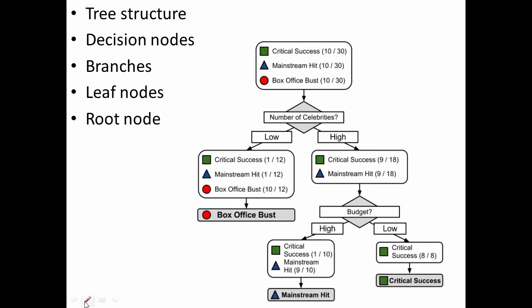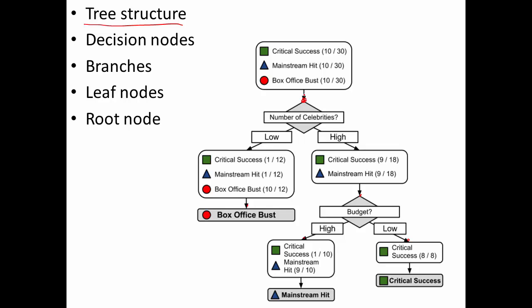On the decision tree, first of all we have a tree structure. It goes from here to here, and then it diverges further to here and here. So we do have a tree structure, and there are branches. There is a root, which is where it all begins, and then there are branches.